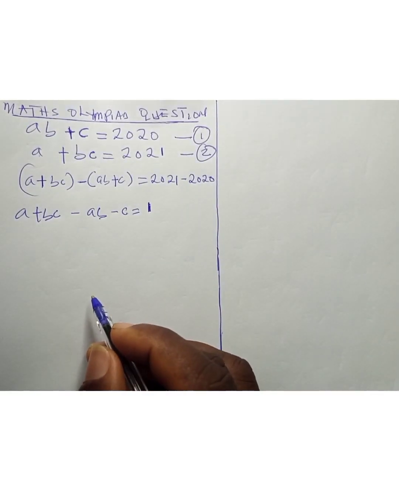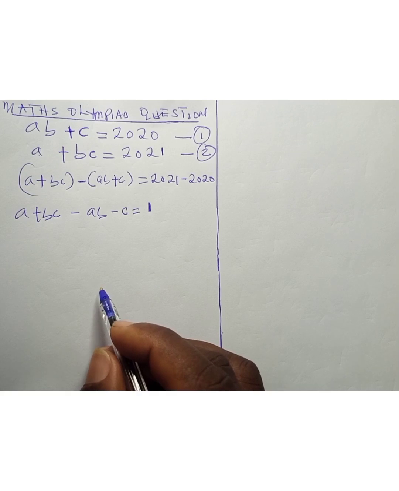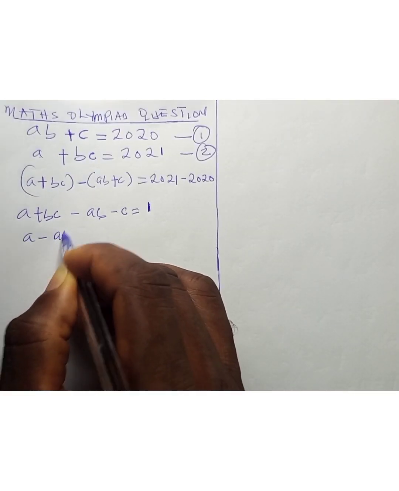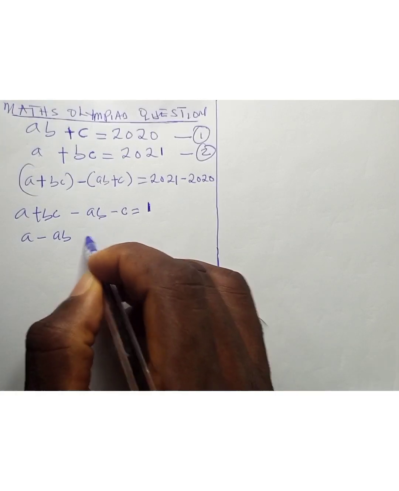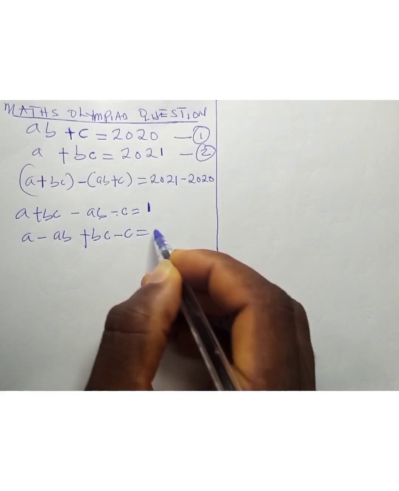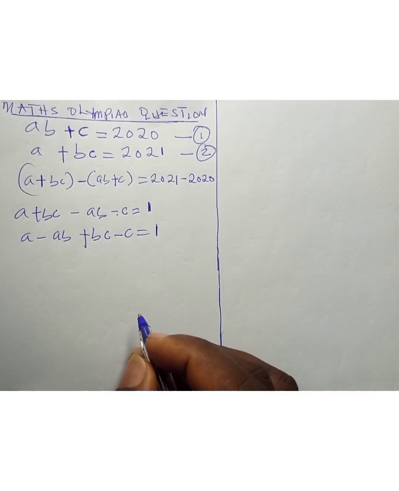So A is common. We're going to have A minus AB, then plus BC minus C equals 1.